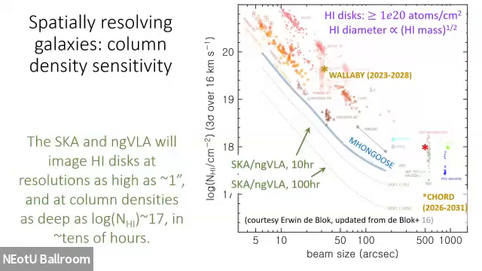They're going to allow us to image H1 disks at resolutions as high as an arcsecond and with column densities as good as 10 to the 17 in about the same amount of time that it would take to build an H1 map for, say, a THINGS galaxy. You're going to go tens of times better in resolution or hundreds of times better in column density sensitivity. So they will be fabulous instruments for H1 imaging.